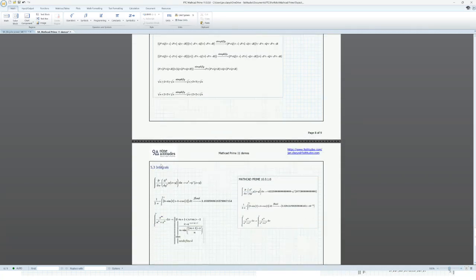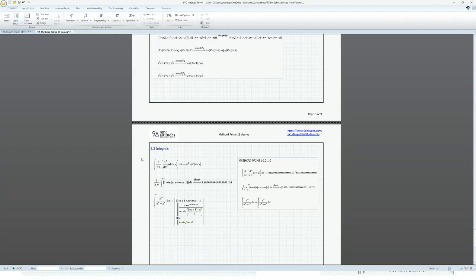This also applies for integrals. Here are a couple of examples. So in previous versions it took a lot of time, and I have to be honest, depending on the complexity, it still takes some time, but at least the result is correct. So when we see these two integrals and we compare it with the situation in 10, we can see that it has been not only improved, it's also correct.